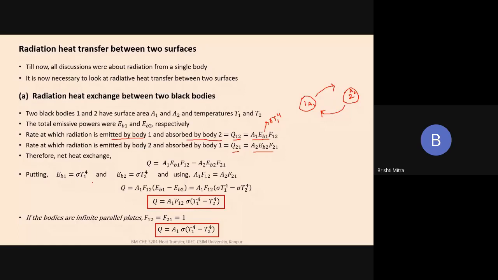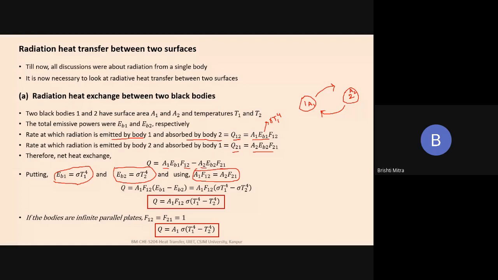Now we have seen that EB1 is equal to sigma T1 to the power 4 and EB2 is equal to sigma T2 to the power 4. And from the reciprocity rule of view factors, we know that A1 F12 is equal to A2 F21.